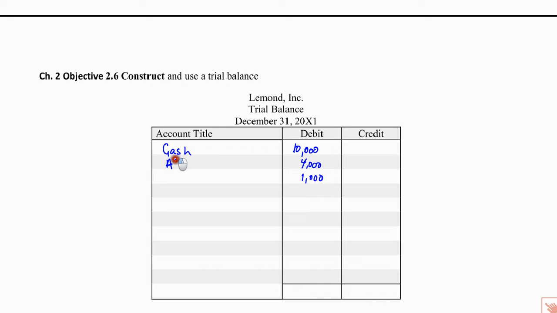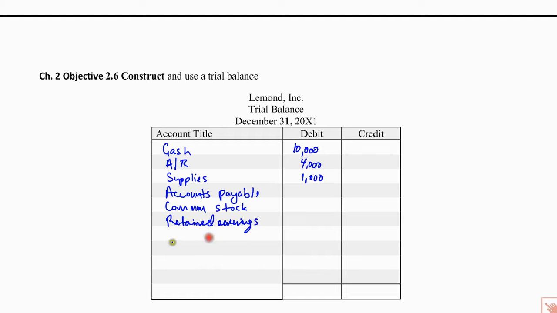Cash, and I'm going to use A/R for accounts receivable. And then we had supplies. And we had one liability account, accounts payable. Then we had common stock, retained earnings, dividends.